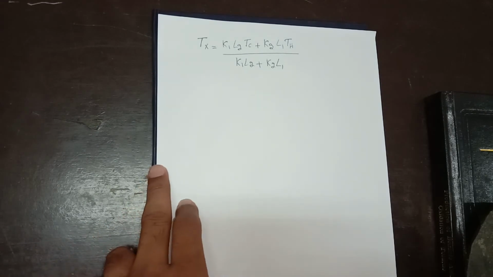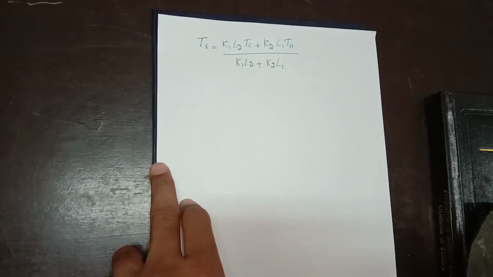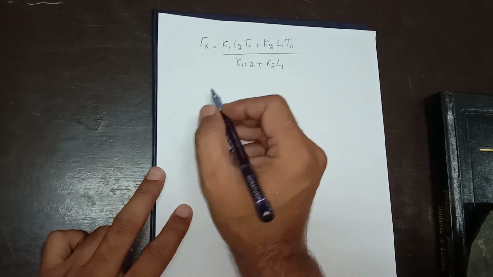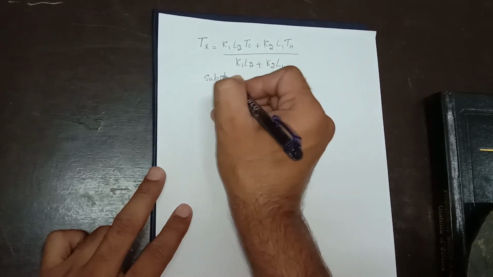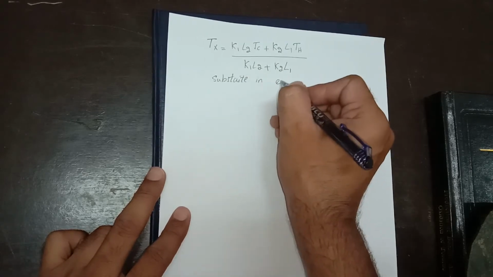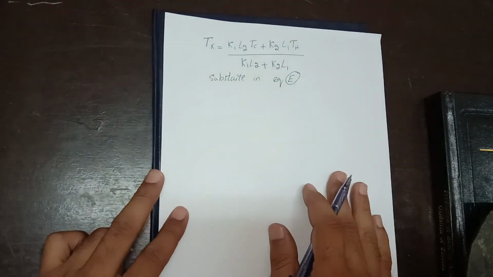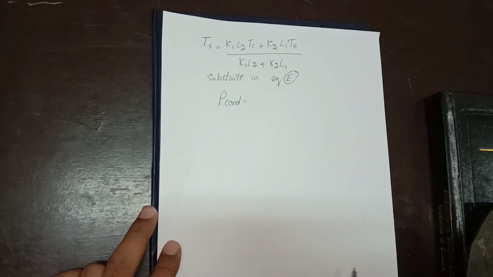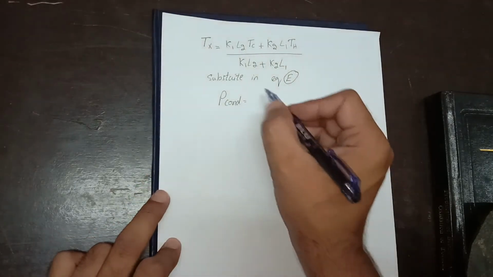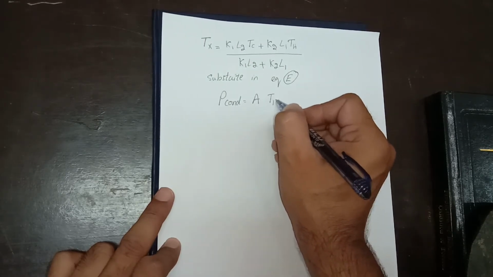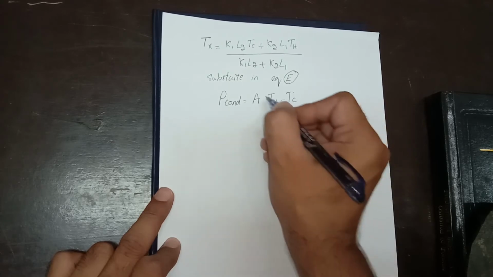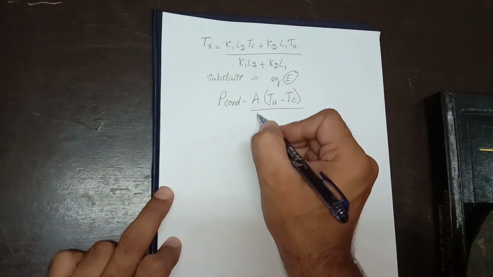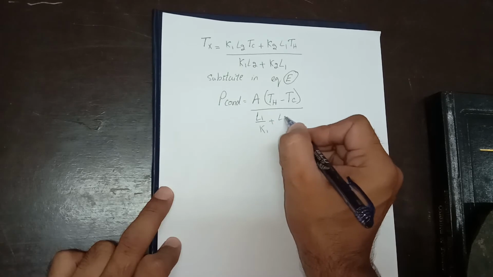Now when you substitute this value of Tx into equation E, the conduction rate becomes equal to A times (TH, hot reservoir, minus Tc, cold reservoir) over (L1 over K1 plus L2 over K2).